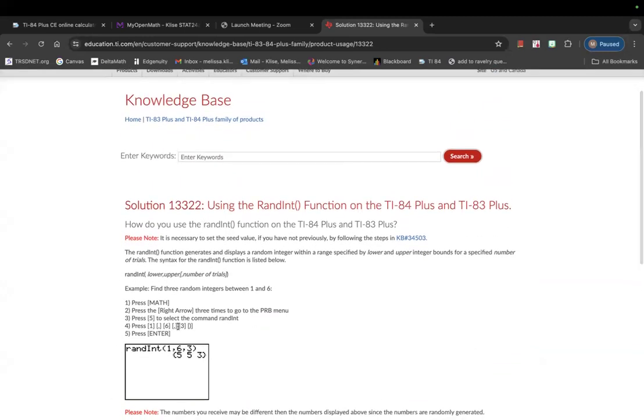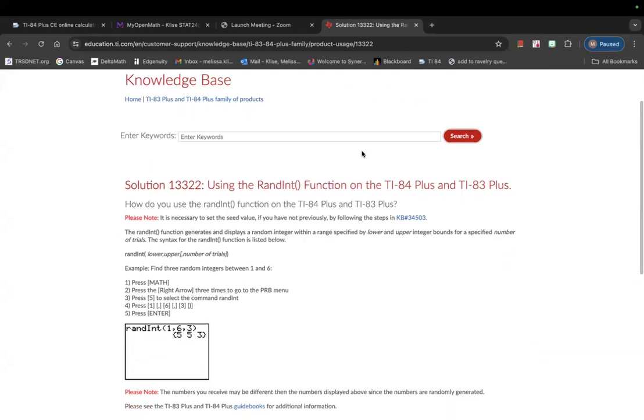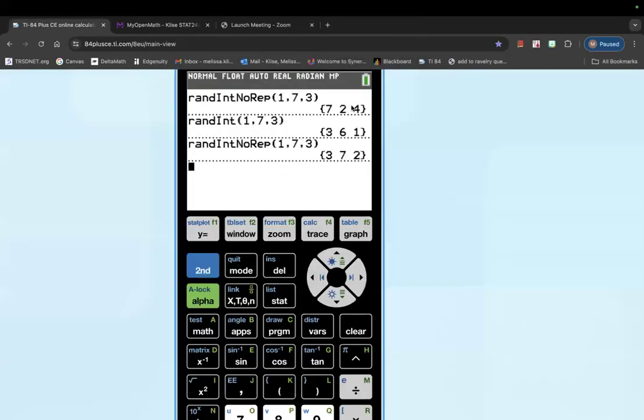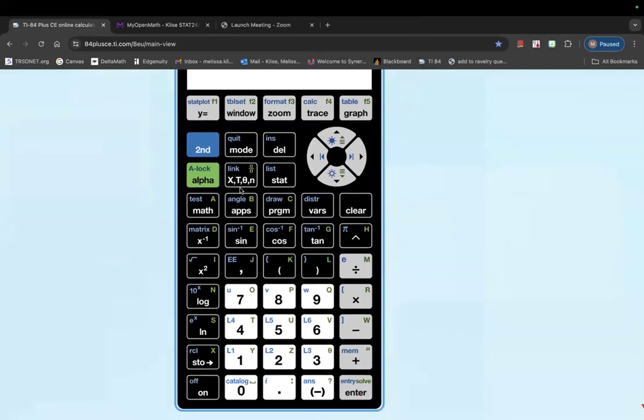Try it with the randInt without the repeat and see if it'll let you do that. Mine doesn't seem to have the no repeat. It only goes up to 7, and I can't get to the no repeat one. What calculator do you have? TI 84 plus.